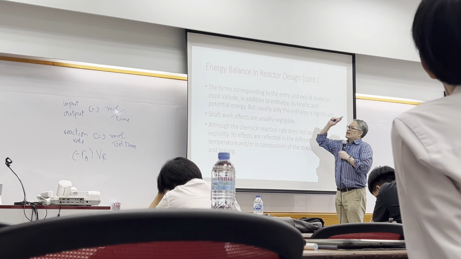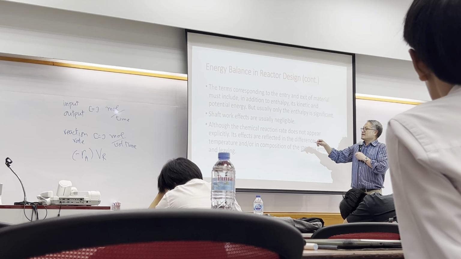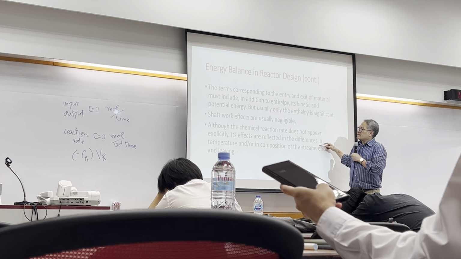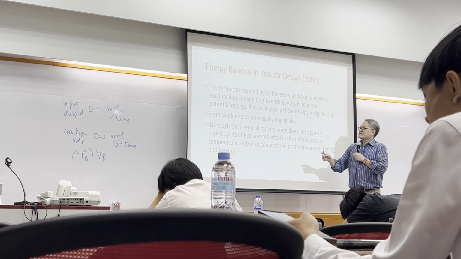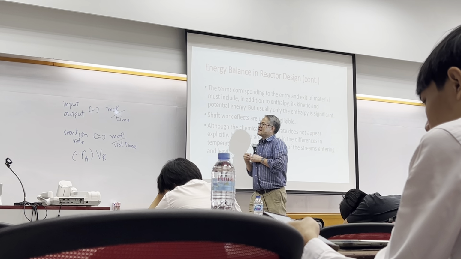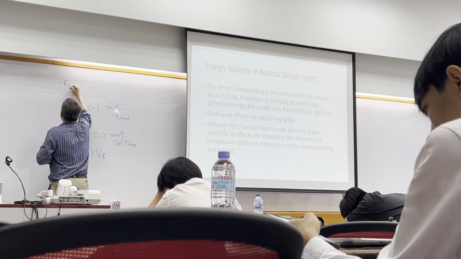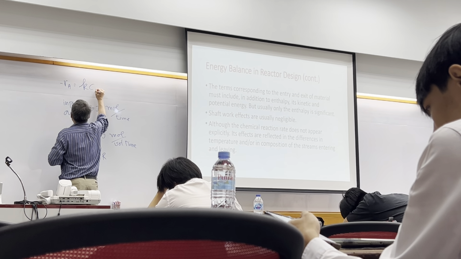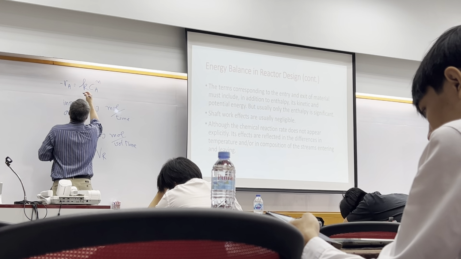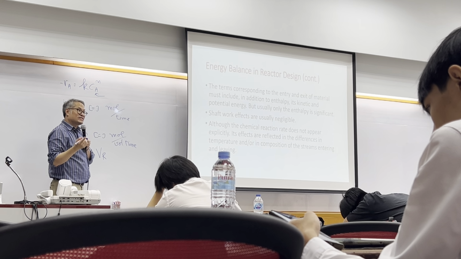okay? And the chemical reaction rate does not appear explicitly. Its effects are reflected in the difference in temperature and composition. Okay? Don't forget the rate, right? First we have the power law. Temperature can affect the concentration, right?